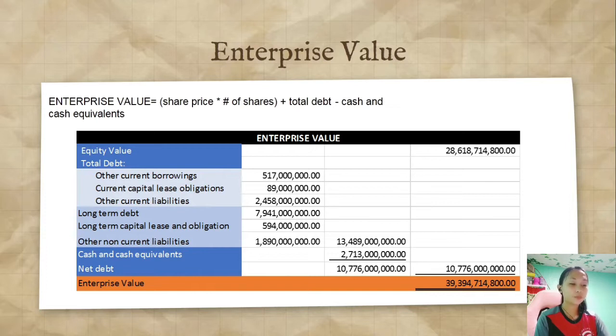The reason for considering debt is that we must also include funding from banks and other lending institutions, as they are the primary sources of funding. However, why are cash and cash equivalents deducted, and why is debt adjusted to net debt?